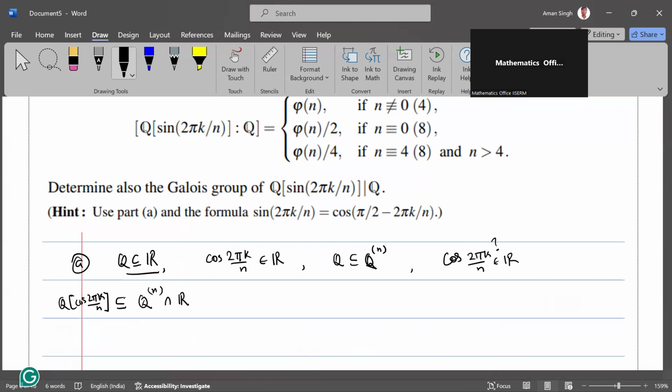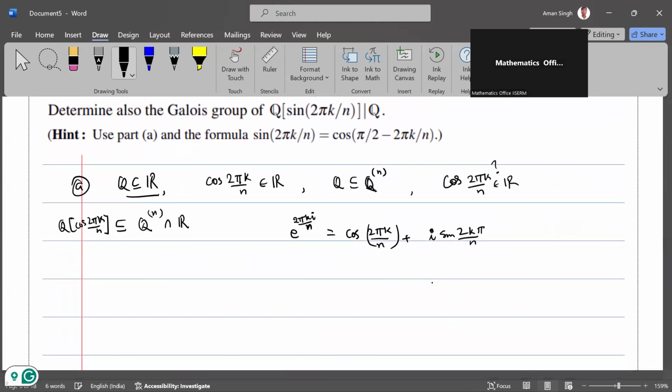But in Q_n, what is the primitive nth root of unity? e^(2πik/n). This is our primitive nth root of unity. So this is nothing but cos 2πk/n plus i sin 2πk/n.